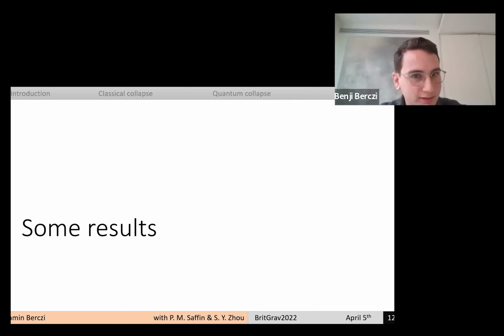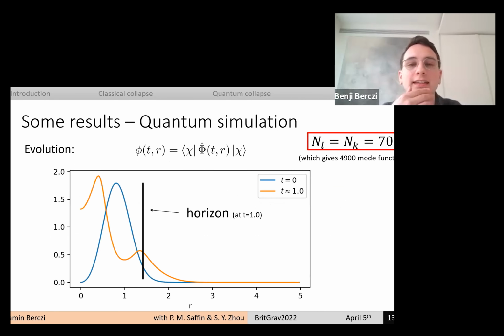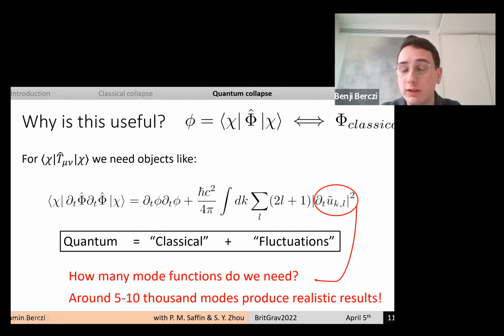Let me show you some results. So in the quantum simulation, we have the same initial conditions, just a Gaussian somewhere at a spatial location. Here, the only difference is that I put it more closely to the center, because when one simulates the quantum modes, it's quite difficult to maintain their stability.